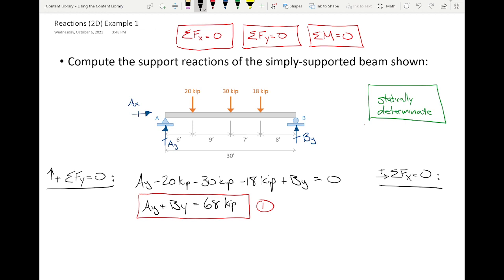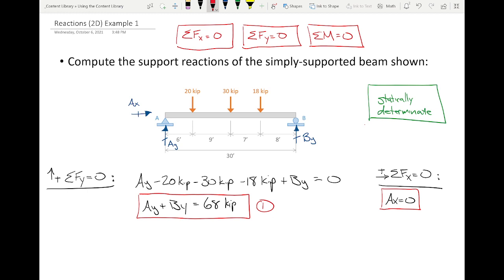So that's actually one of our answers right here. At the beginning of the problem, it was unknown. But since the sum of forces in the x direction equals 0, and there are no other loads acting to the left or right, that reaction must be 0. Is that okay?